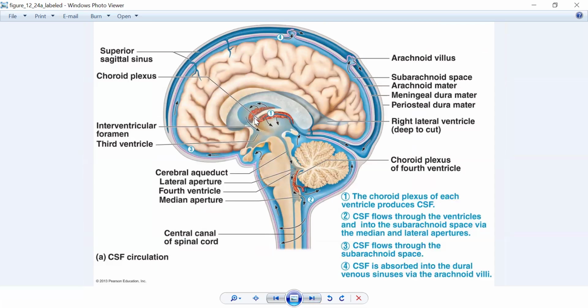You can see the arrows indicating the direction of the flow of the fluid. In the fourth ventricle, there are openings called median apertures, and there's two on the side called lateral apertures, that allow the fluid to circulate around the brain, providing it buoyancy, and then to be returned eventually into a sinus, and then back into your bloodstream.